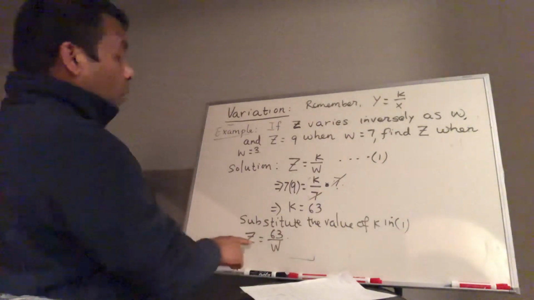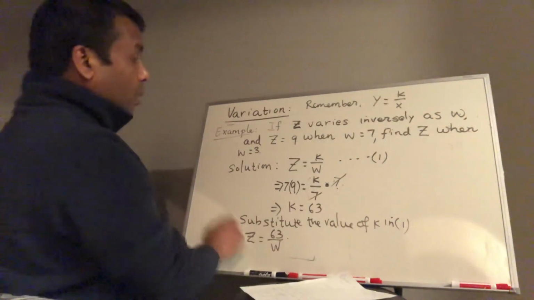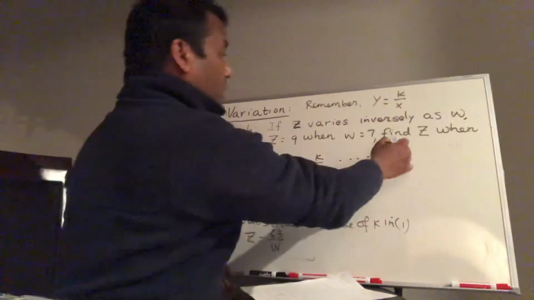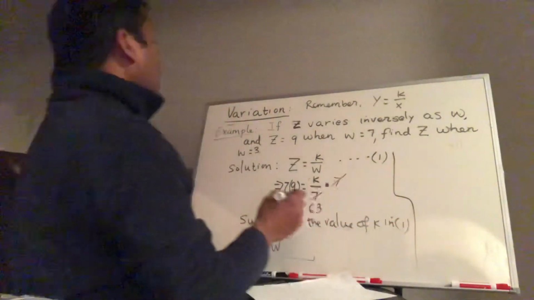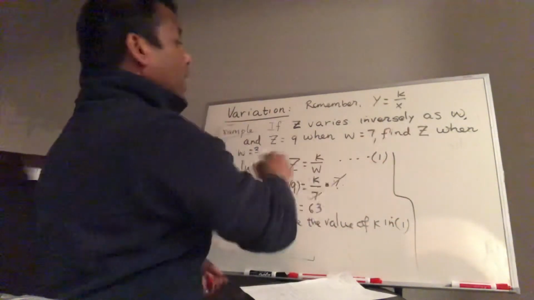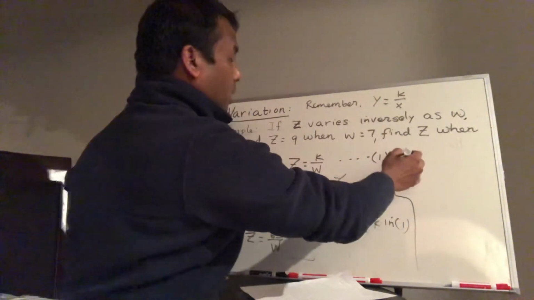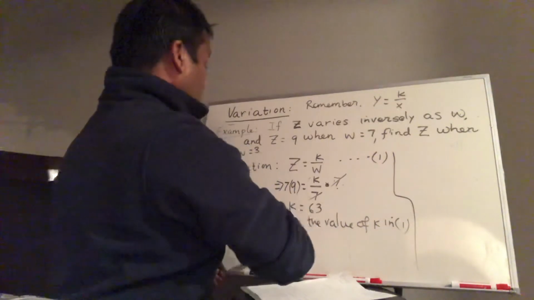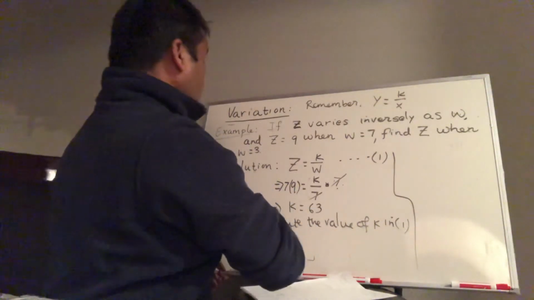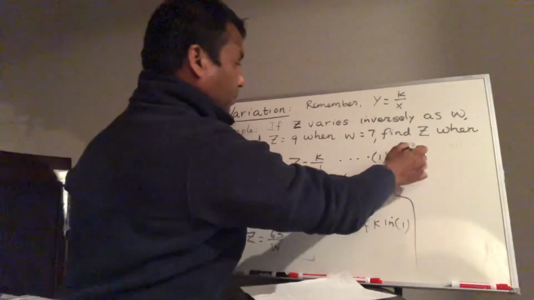So now we got the variation equation, right? But we have to find out Z when W equals 3. So for that you substitute the value of W in this equation.